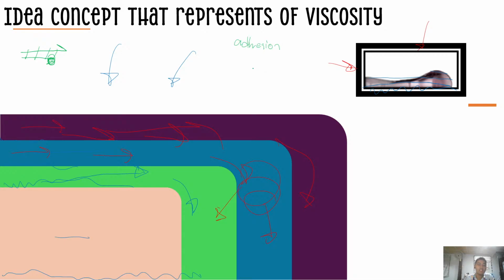The way that adhesion works is that an object bonds, or sorry, connects with other objects. This is similar to cohesion, in which an object connects to itself, the same molecule, but adhesion is different.